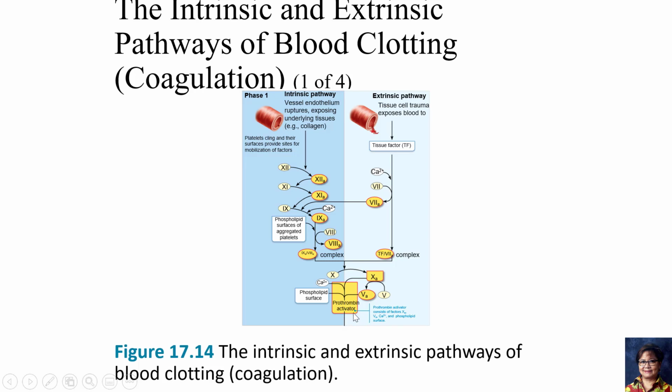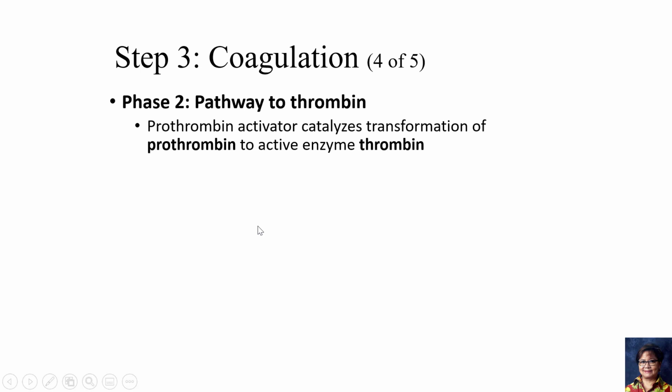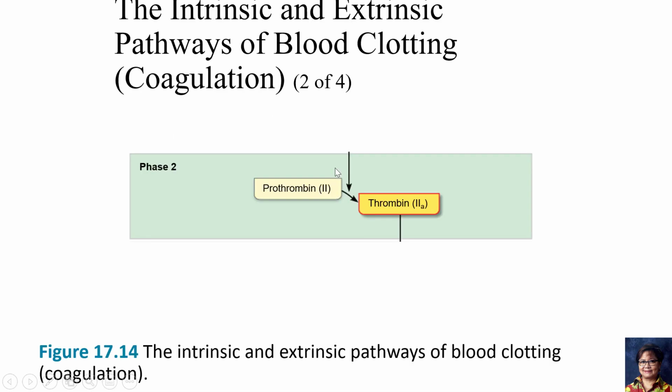So what is the prothrombin activator? It catalyzes the transformation of prothrombin to an active enzyme, which you call thrombin. And remember, this is the thrombin I was talking to you about. So prothrombin to thrombin.